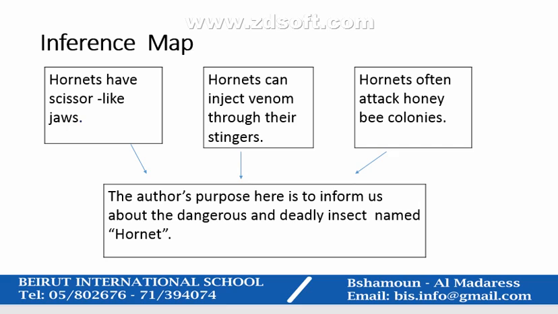So, the conclusion was, what was the author's purpose? By the end, we could put the author's purpose here is to inform us about the dangerous and deadly insect named hornet. So the author is trying to give us more information about this deadly insect. These are facts, maybe for us to take some precautions if we see one.